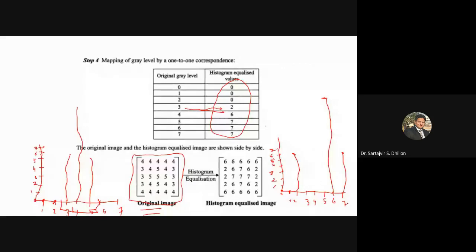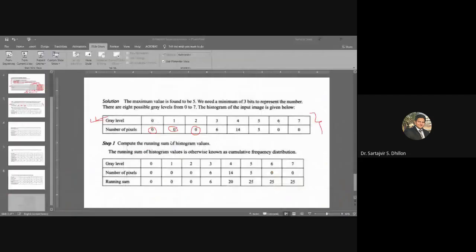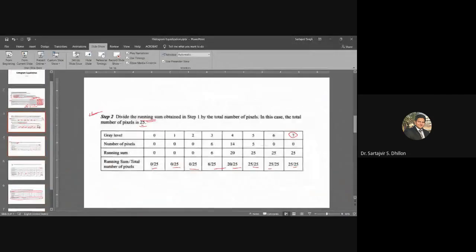So this is the method of histogram equalization, and please go through this example very carefully.